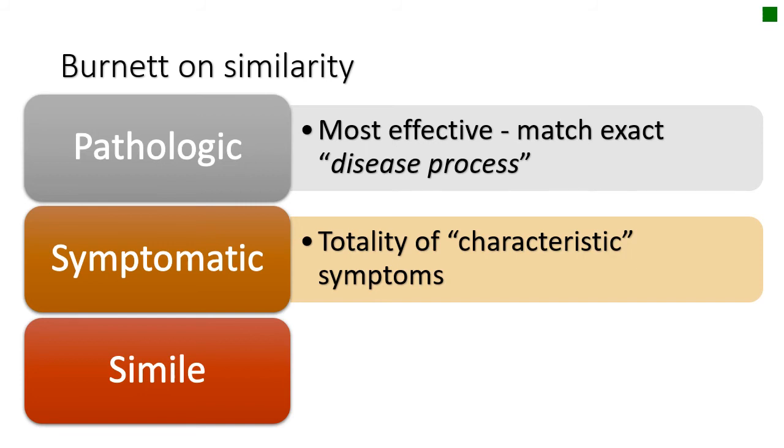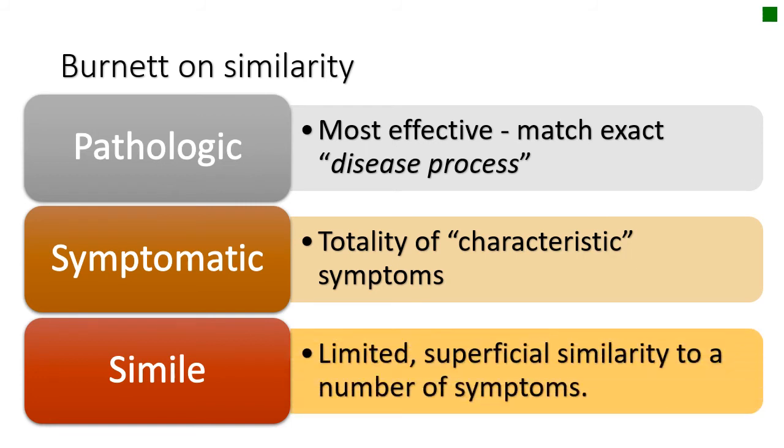The characteristic symptoms are very close to it. And a simile is that it has a limited or superficial similarity to a number of symptoms. It is important to keep this in mind, because if our remedies don't act, or if they act only in a limited way, we should be able to find out from our analysis which other remedies come close to matching the disease process itself. Then we shall get very close to curing the condition presented by the patient.